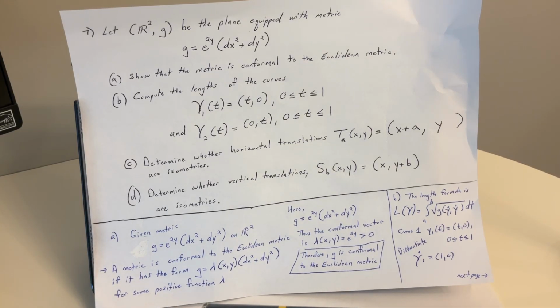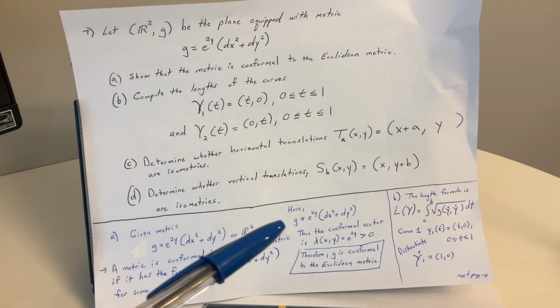So given this metric, g equals e to the 2y times the quantity dx squared plus dy squared on R2, we could say a metric is conformal to the Euclidean metric if it has the form g equals lambda(x,y) times dx squared plus dy squared for some positive function lambda.